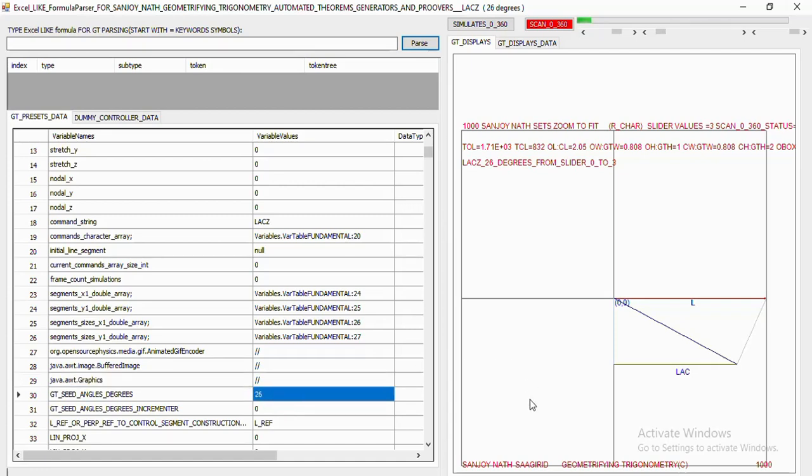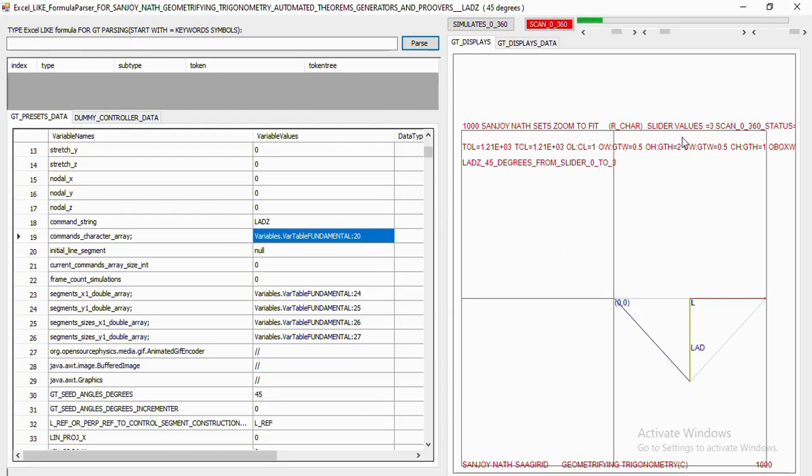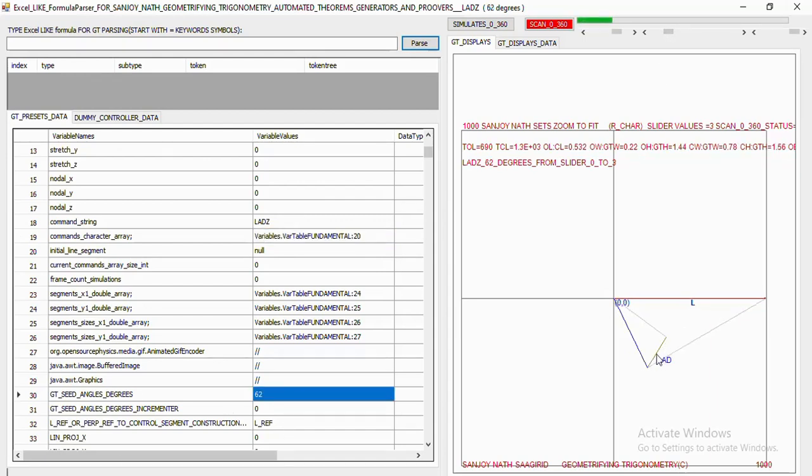Now LACZ, LADZ is also one variety of cos square theta. In the same way, you can play with it. This is the LADZ when it is 62 degrees. Suppose we are trying to do LDAZ, then you can check the behaviors of non-commutativity.